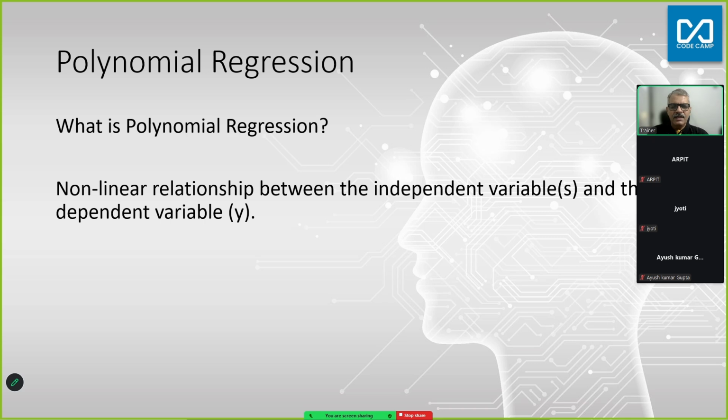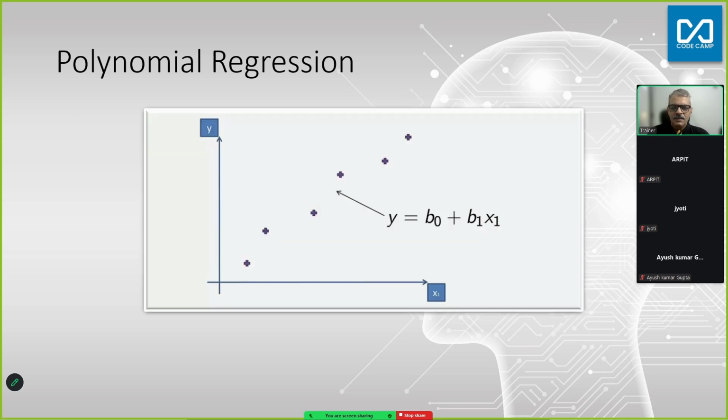So let's have a look at when you would use polynomial regression. Let's say we have this set of observations. These are the data points, right? You can draw a line like this, and all points are close to this line.